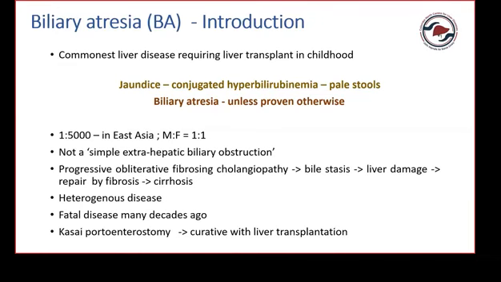The reason to emphasize this much is because we still see in day-to-day practice a lot of cases which were mislabeled as certain other etiologies, which has caused undue delay in diagnosing biliary atresia, thereby postponing the Kasai as well as the necessary other steps in management.